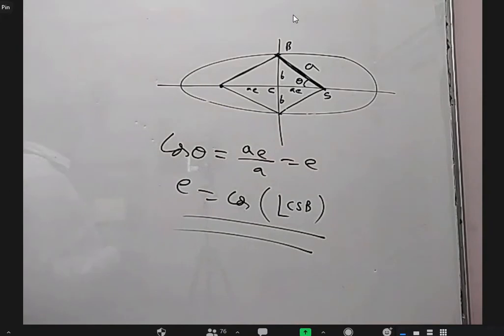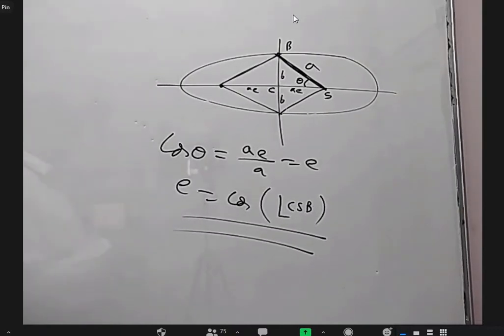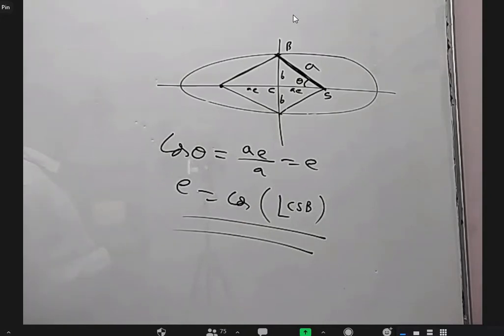So I think room number 9 people should be able to remember this easily. Am I right? Why does nobody respond? Room number 9 people are very quiet.